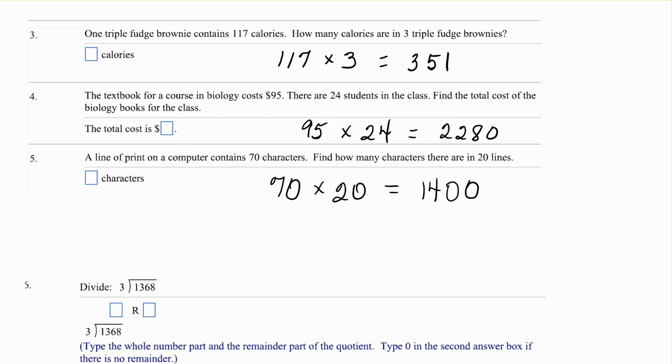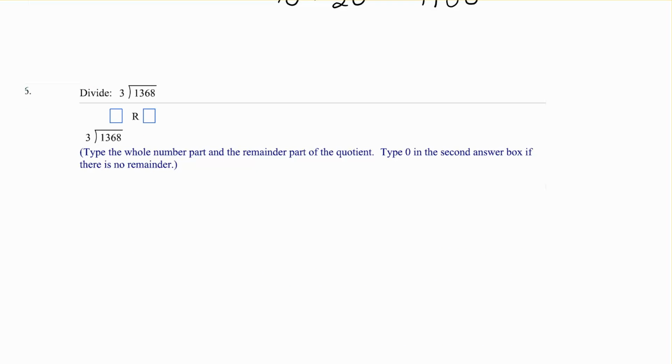All right, last question. It says to divide, and it wants the answer with a quotient and the remainder. All right, whole number part and the remainder of the quotient. Now, I will do something with my calculator in a minute to show you how the calculator can help, but it takes multiple steps to do this with a calculator.